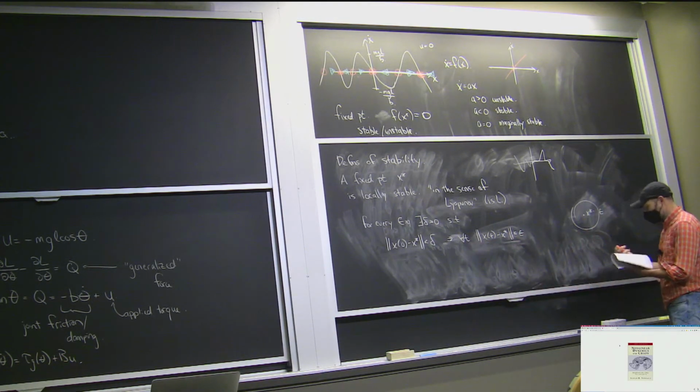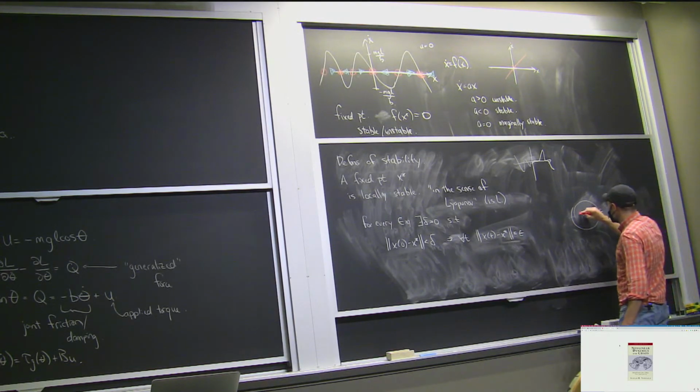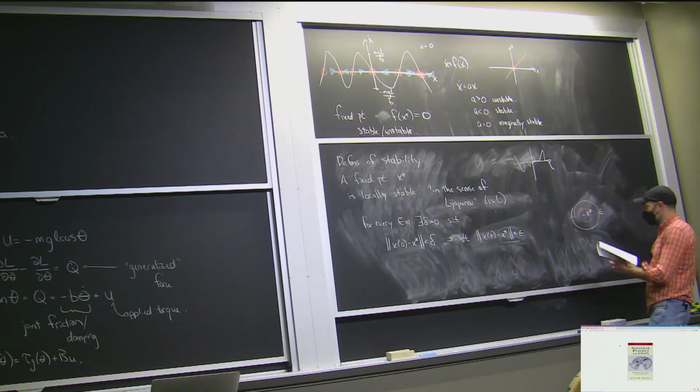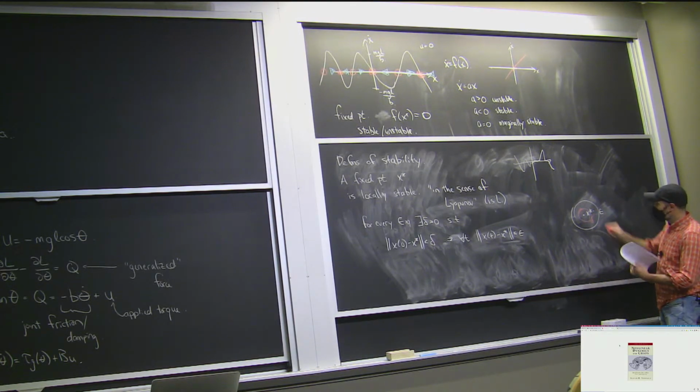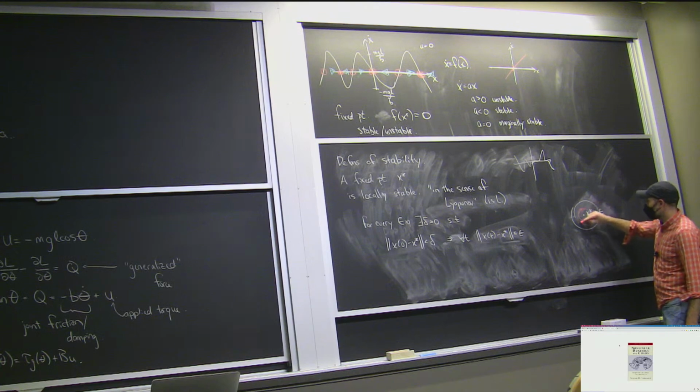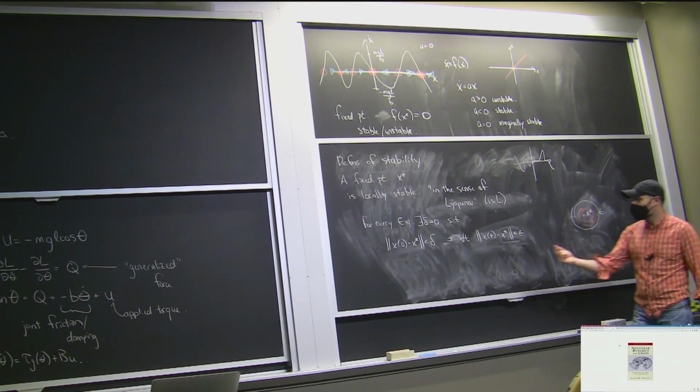I'll call it Lyapunov stable if, when I give you an epsilon of whatever size, you can give me a delta. It's going to be smaller than epsilon by definition, such that if the initial condition starts in here, even if it walks out or whatever, it'll stay inside epsilon as it goes. Okay, it's two circles.